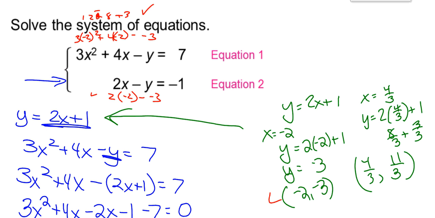The 4/3, 3 times 4/3 squared plus 4 times 4/3 minus 11/3, oops, let's see, what is that? 16 over 3.